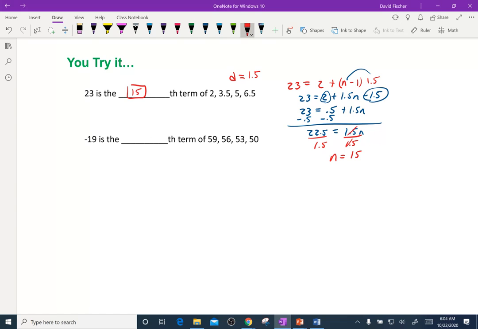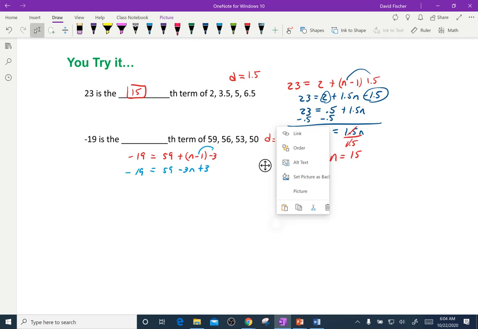Okay, next one, just real quick, bear with me. I hope you are doing these right. See my difference here, looks like I'm going down by 3. I hope you made sure you put a plus 3 there. Okay.